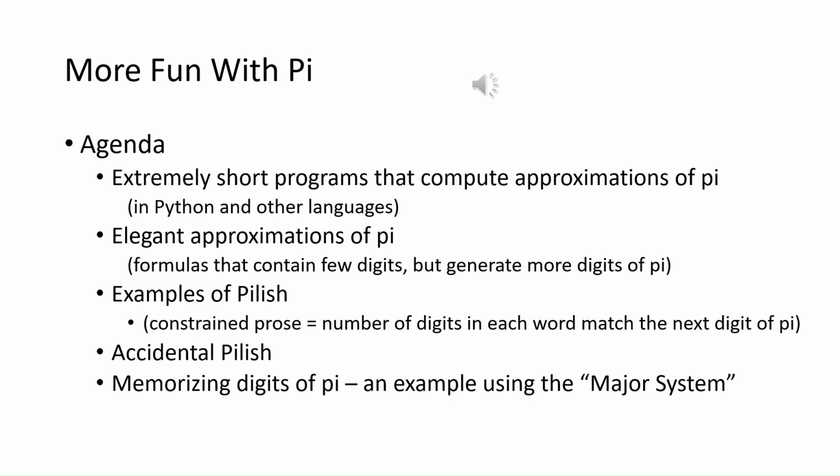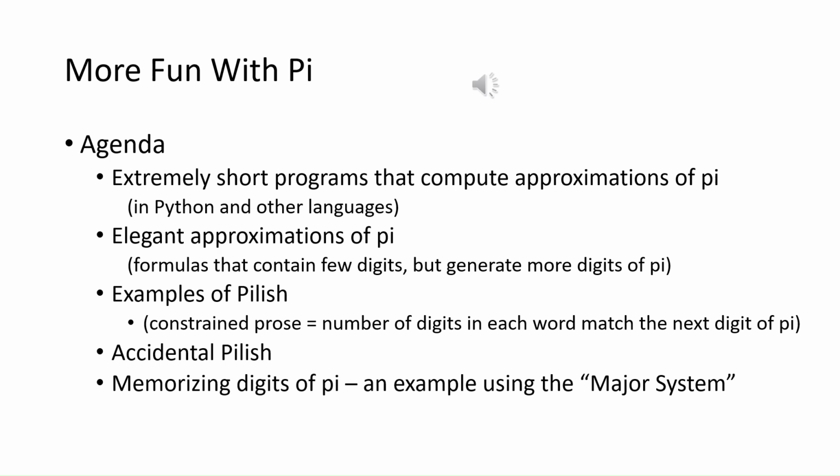He's going to explain some more examples of Pilish, that's constrained prose, where the number of digits in each word is the next digit of pi. Accidental Pilish is examples of people who wrote little fragments of sentences that were in Pilish, but they didn't know that they were doing it.